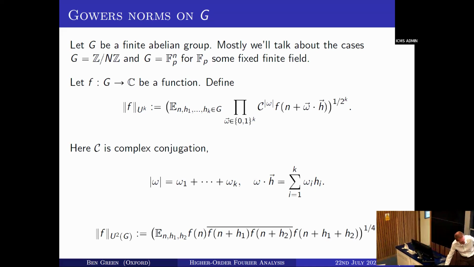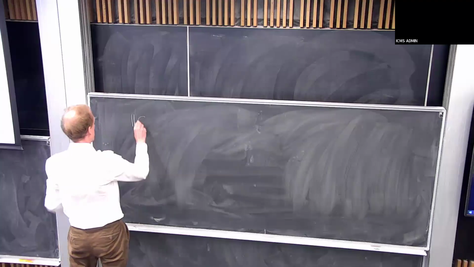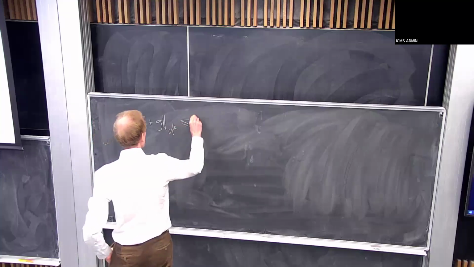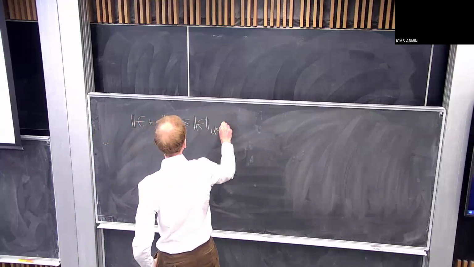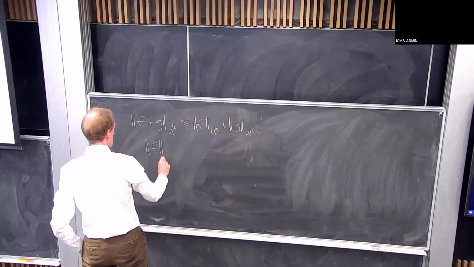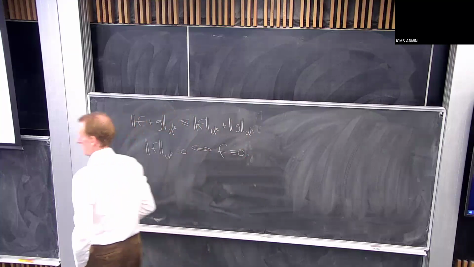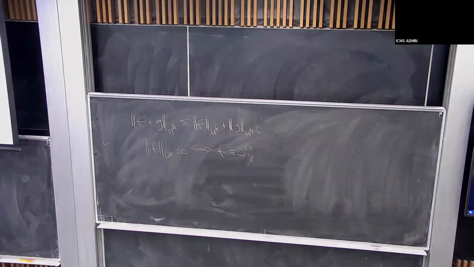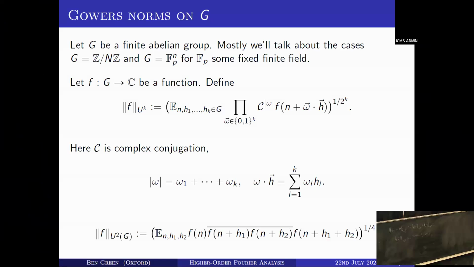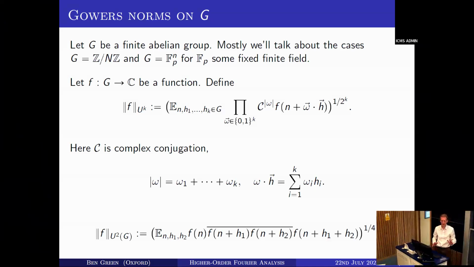It satisfies the triangle inequality, and it's 0 if and only if f is 0. The triangle inequality is not trivial at all, but as with the proof that the quantity in brackets is non-negative, it's just a load of applications of Cauchy-Schwarz. So I won't go over that now, but that's all true.